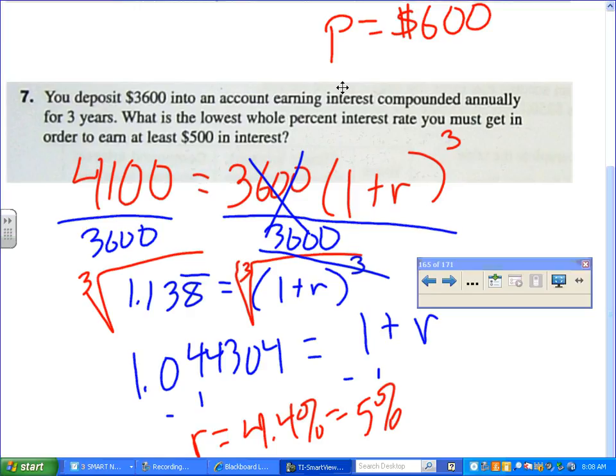Is that the one that you messed up on? Yeah. Okay. B was right. It's A that's wrong. So for A, Annalise, you should do 600 times, in parentheses, 1 plus 0.085 to the 3rd power. 36 months is 3 years. That's why.